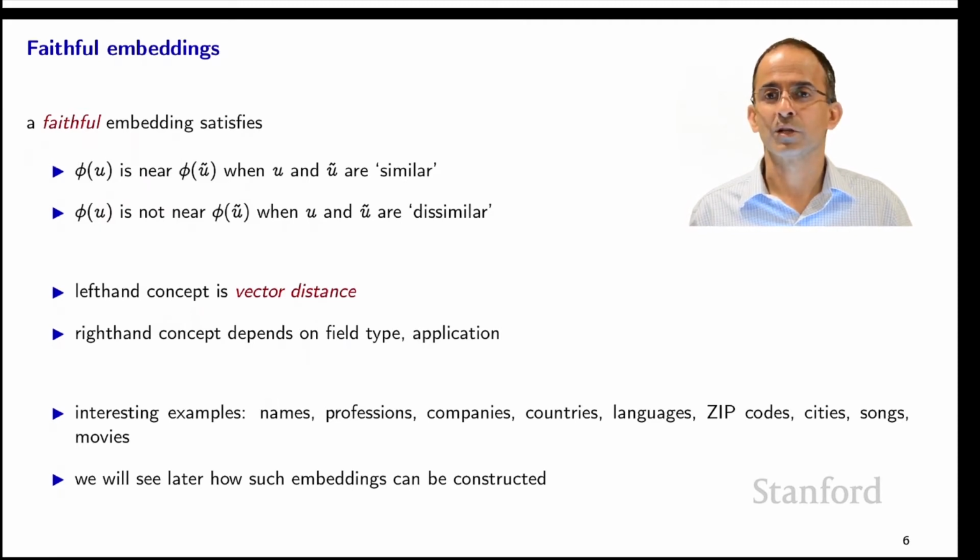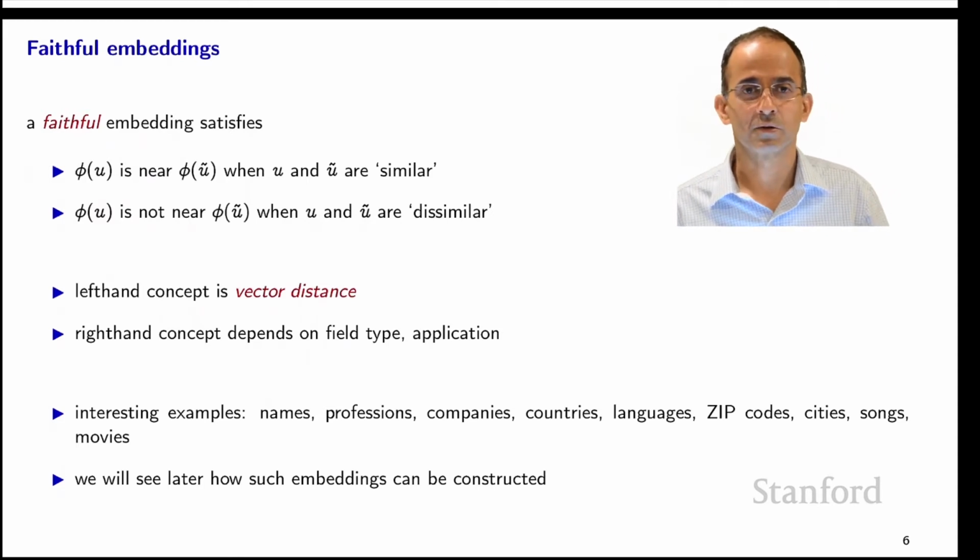We know that, for example, two images that are both images of cats are similar to each other, but they're distinct from an image of a dog. And that's something that we're going to have trouble quantifying. We'll see there are ways of embedding in such a way as to have a faithful representation of such things, and we will get to those.